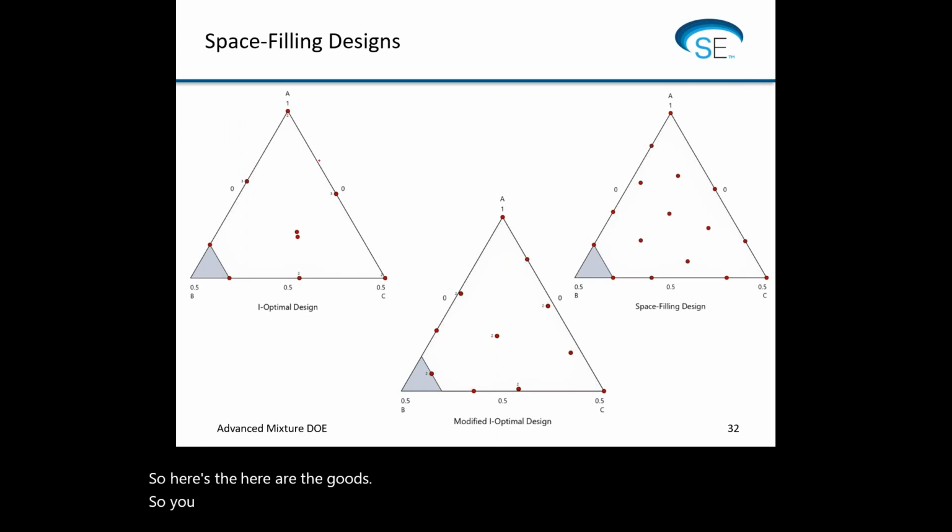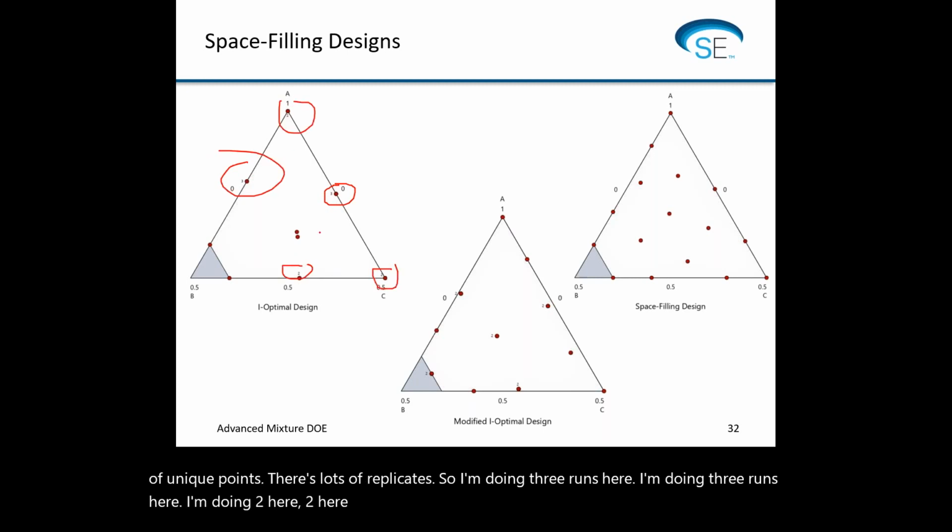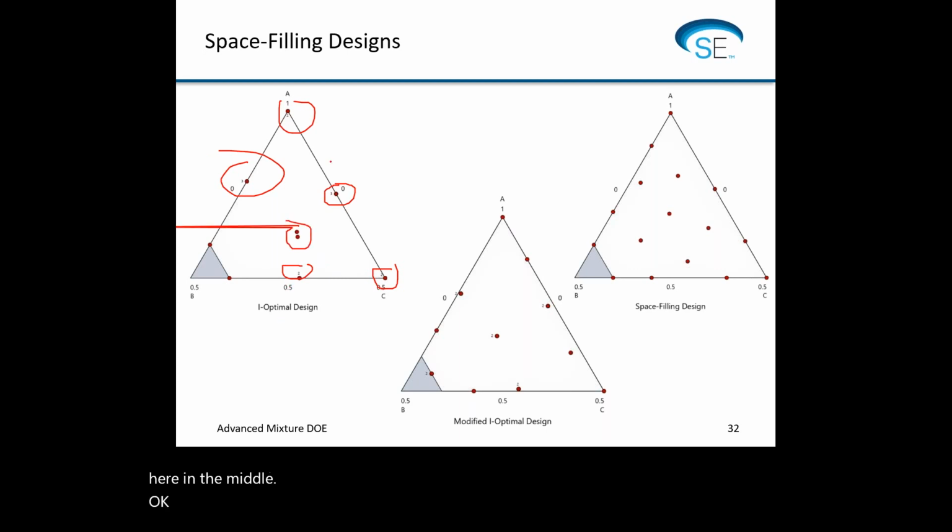You can see that a true optimal design only has a few levels. There's not a ton of unique points. There's lots of replicates. I'm doing 3 runs here, 3 runs here, 2 here, 2 here, and 2 up here. And then I have just 2 runs here in the middle. So that's a mathematically pure optimal design.